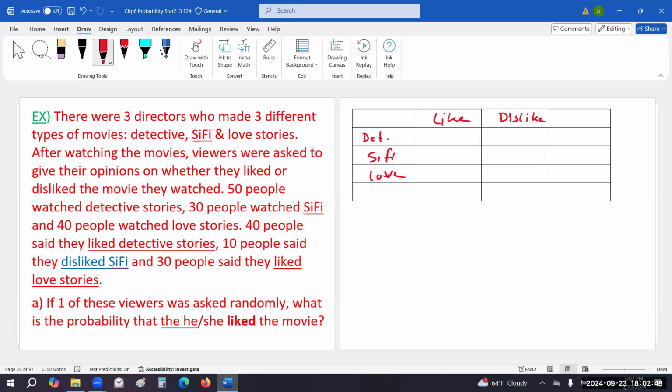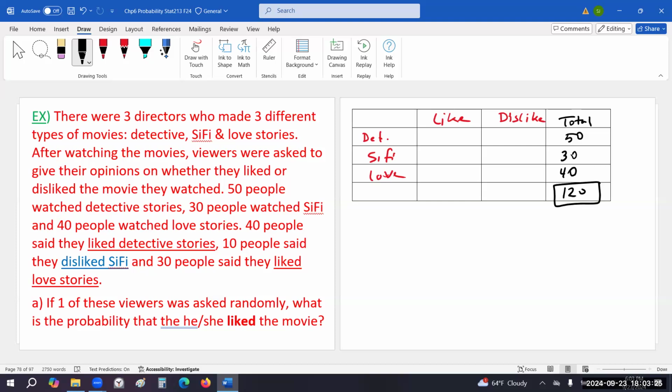We have 50 people who watched detective stories, so the total for detective was 50. Then 30 watched sci-fi and 40 watched love stories. So these are the totals: 30 and 40. How many total viewers do we have? 120.